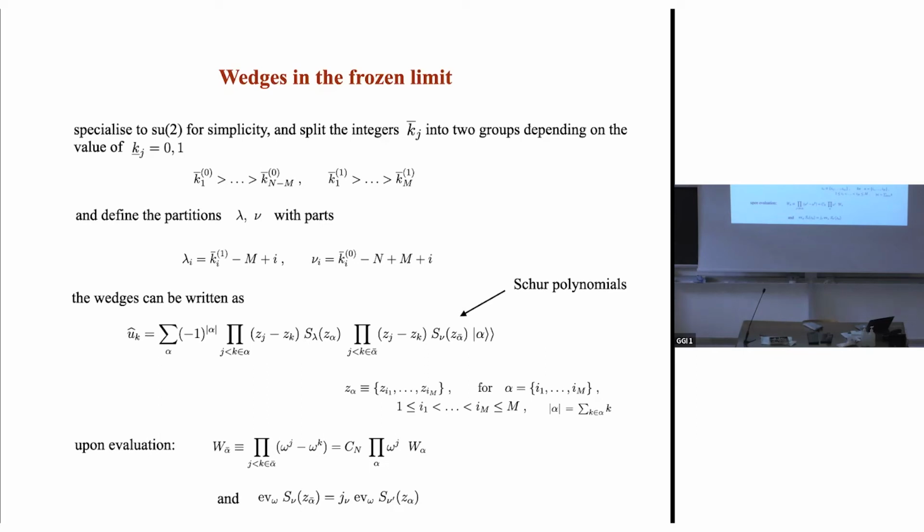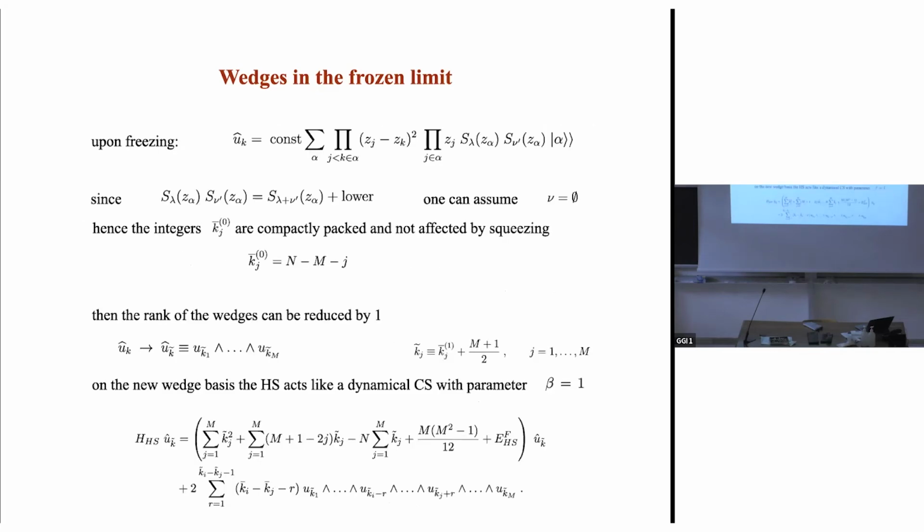So we want to transform all these coefficients here into symmetric polynomials with respect to the variables of the magnons. So when we do all this, we get some zi minus zj minus zk to the power 2.